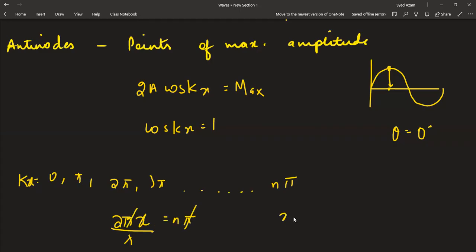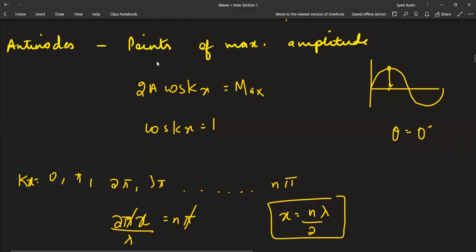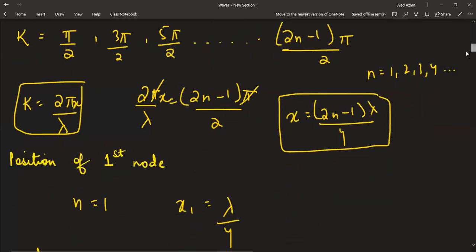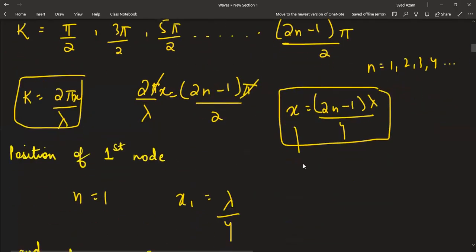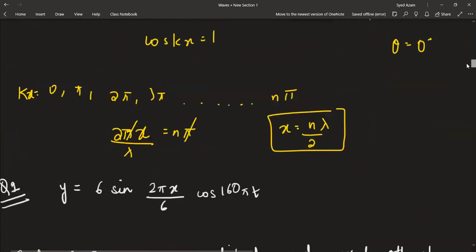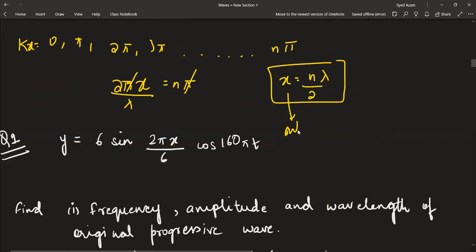Pi will be cancelled, and x will be equal to n lambda by 2. So there is a major difference between both. This one, x equal to (2n minus 1) lambda by 4, is for the nodes. And this one is for the antinodes.